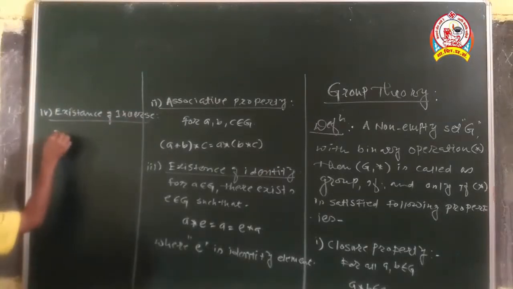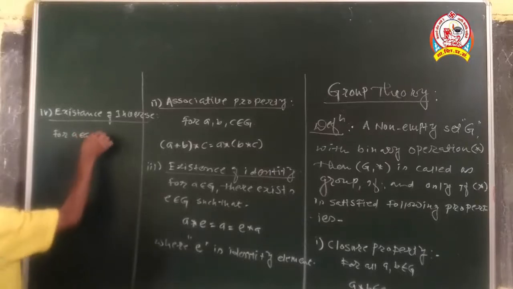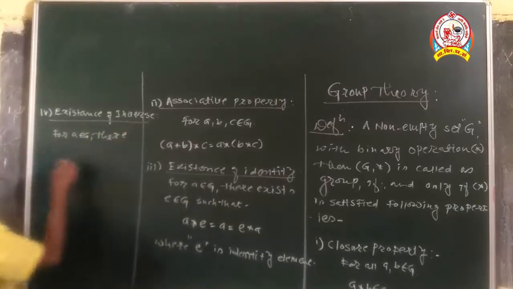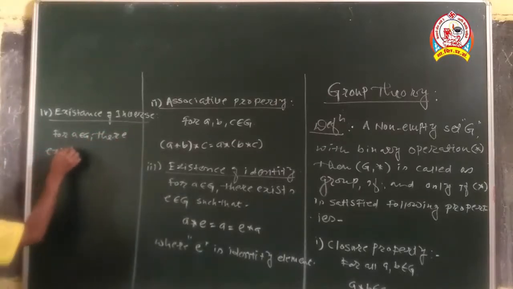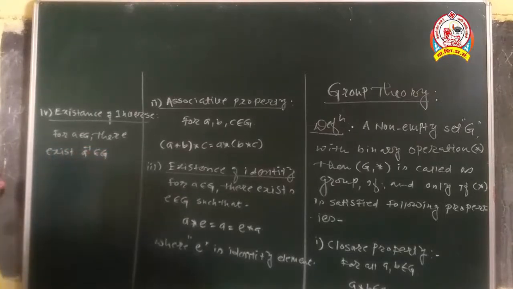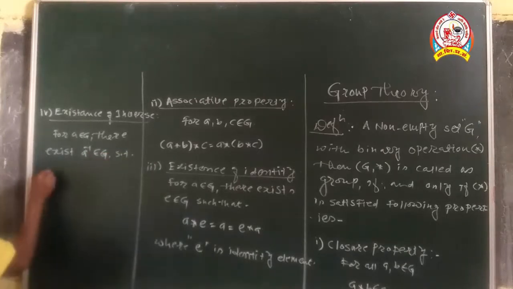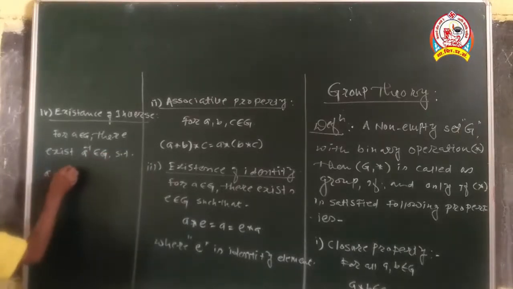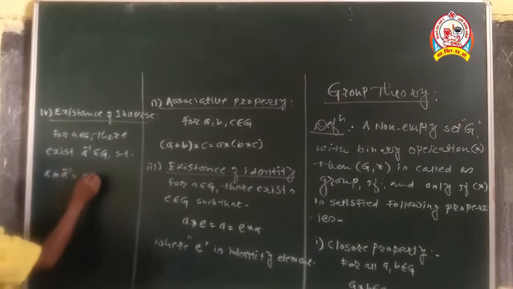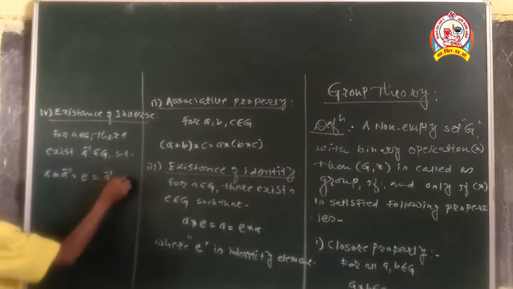For a belongs to G, there exists a inverse belongs to G such that a star a inverse is equal to e is equal to a inverse star a.